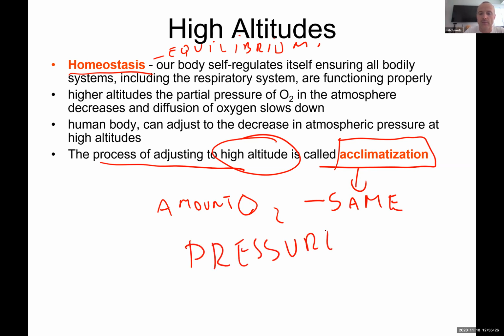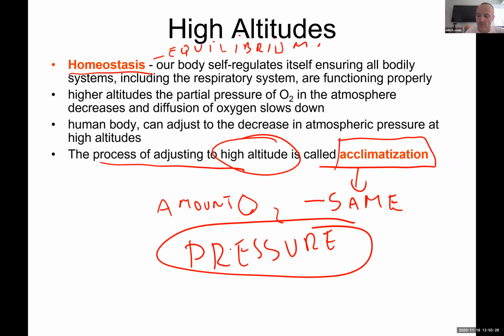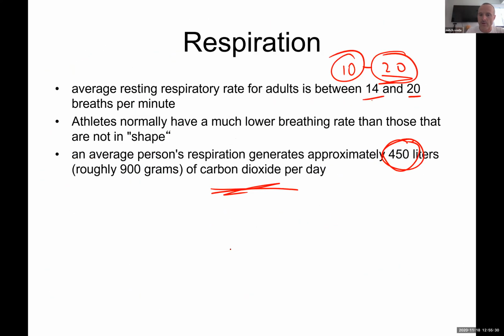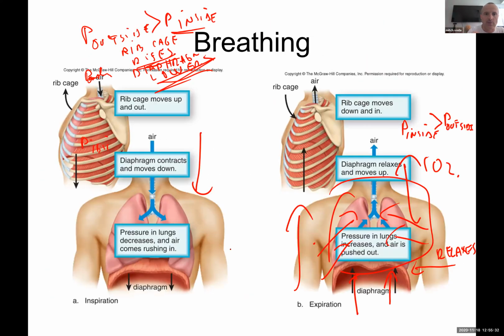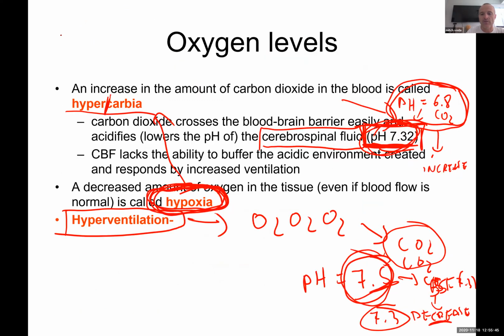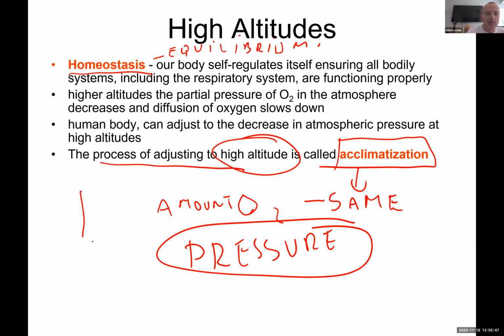Pressure at high altitudes is lower. So when we talked about the pressure outside versus the pressure inside during breathing, if the pressure is lower outside, we take in less oxygen. So if you take in less oxygen, you provide less oxygen to the tissue.